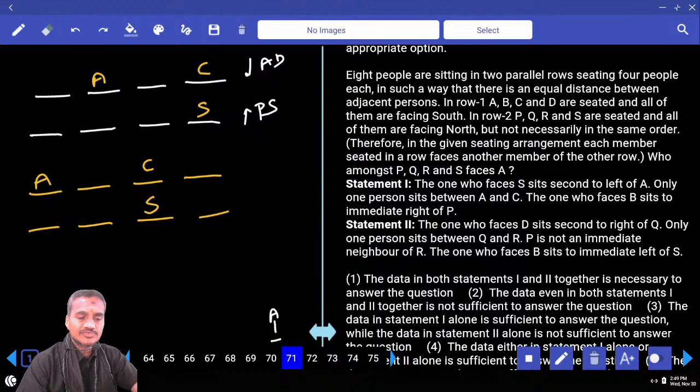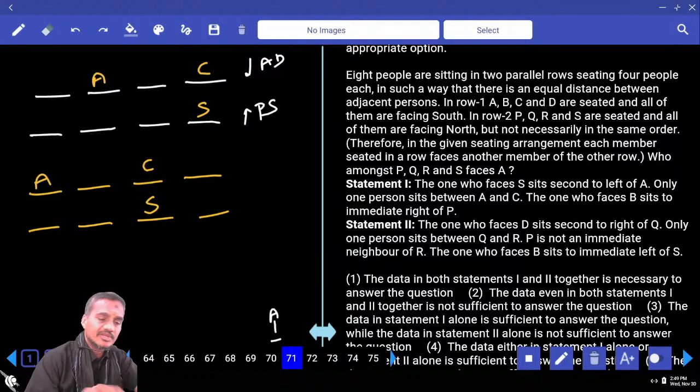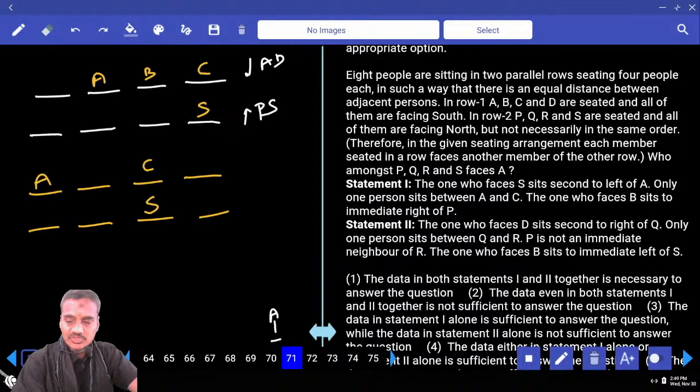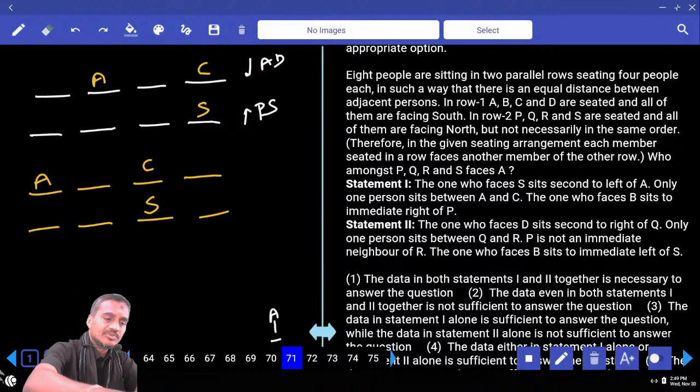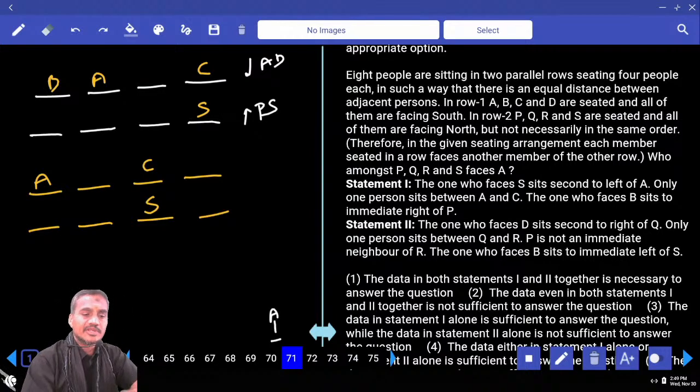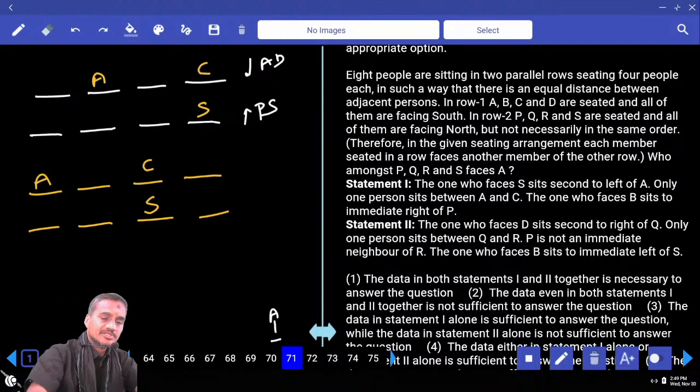The one who is facing B is to the immediate right of P. Then P will be here, so there is a chance, hence P can be here. Then can we have B at this place? The one who is facing B is to the immediate right of P is not possible. Hence in this one, B is here, P is here.